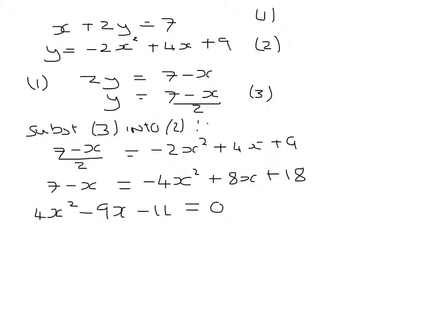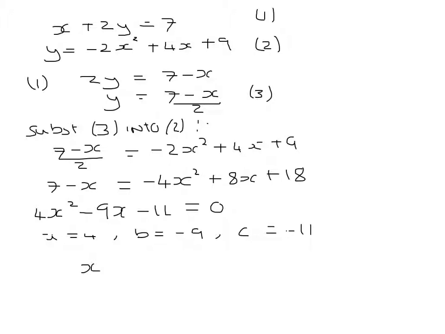Now this one doesn't look as if it's going to factorise easily, so we could use the quadratic formula where a is equal to 4, b is equal to negative 9, and c is equal to negative 11.